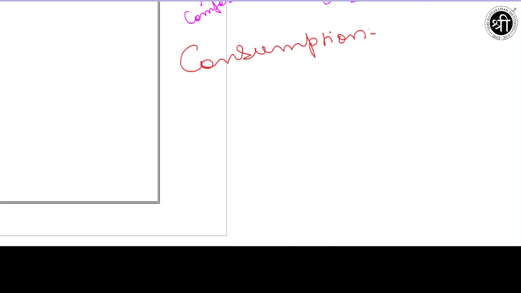So in normal language we might not call that consumption. But in case of economics, using a computer is also called consumption. Why? Because in economics it is not eating which is consumption, it is the use which is consumption. So since we are using the computer, therefore it becomes a consumption.